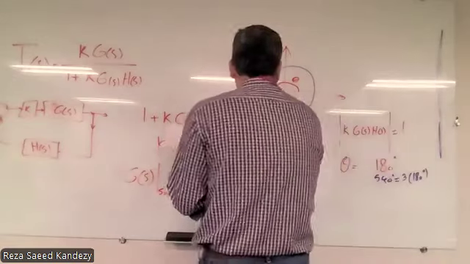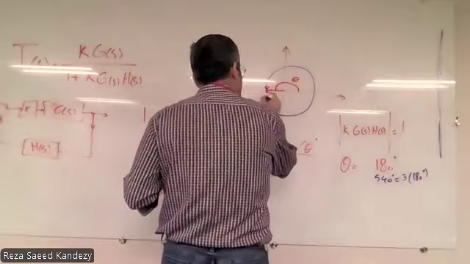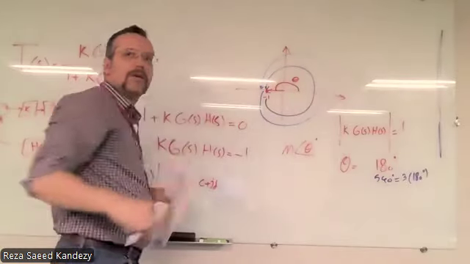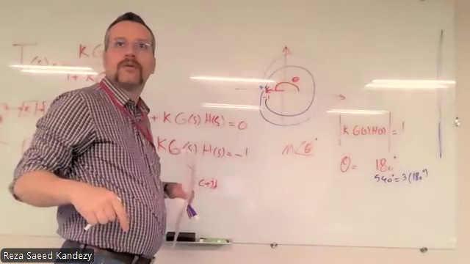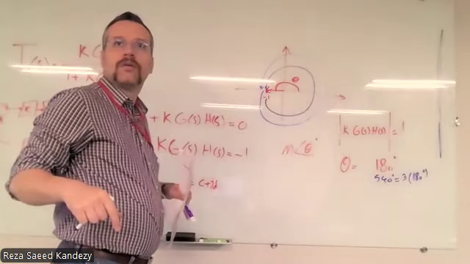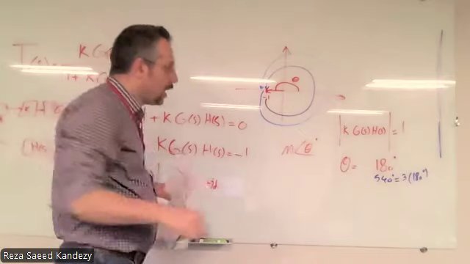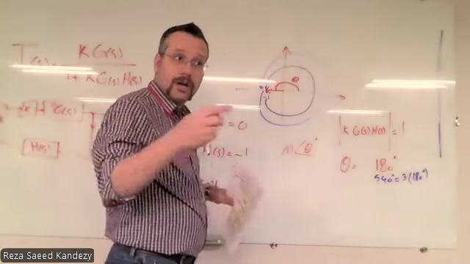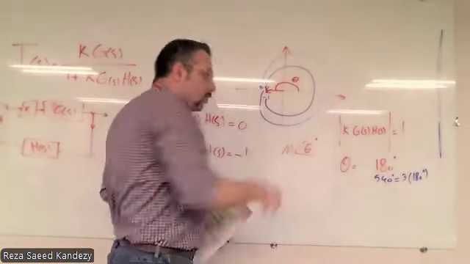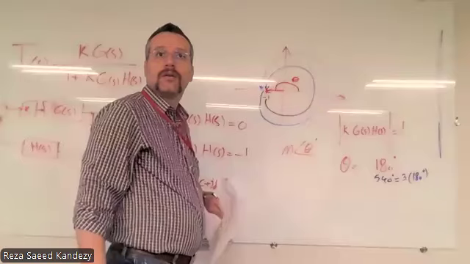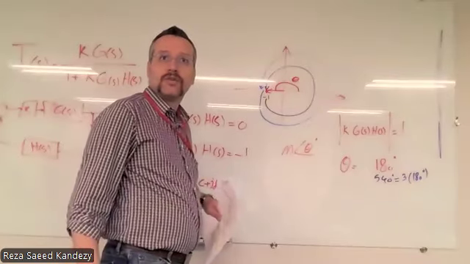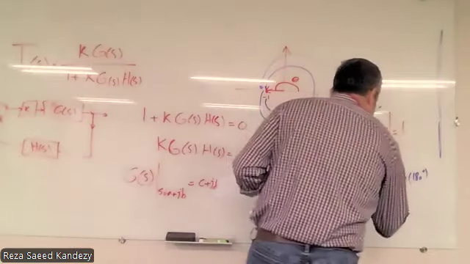Now, what if we go another turn? So we rotate 2 cycles. Then what does it become? We are gonna add 360 to that 540, right? We turn another 360. So it's gonna be 900.